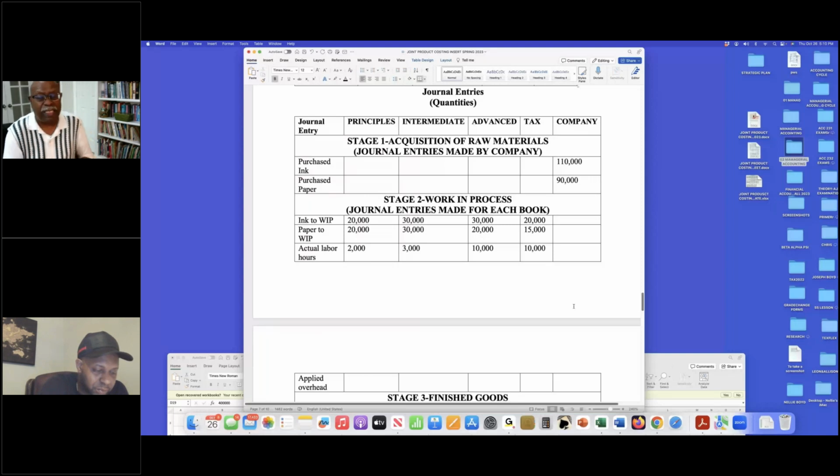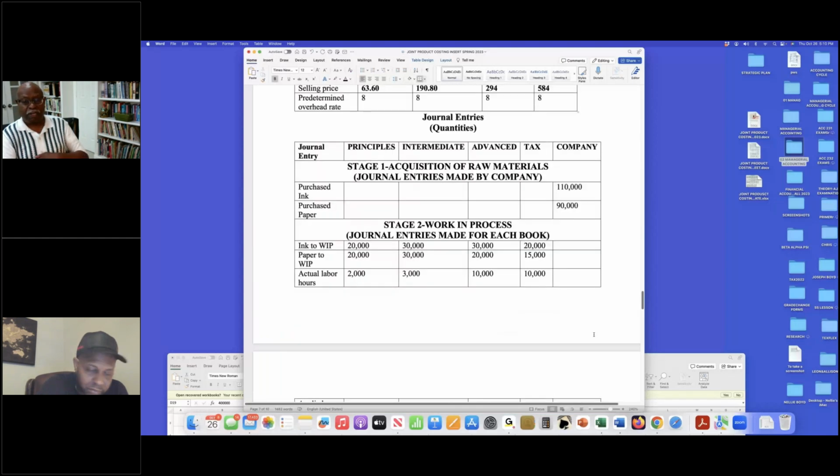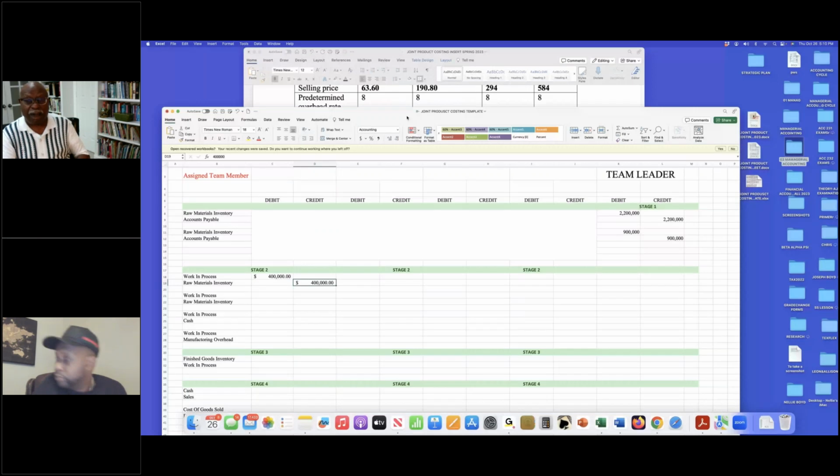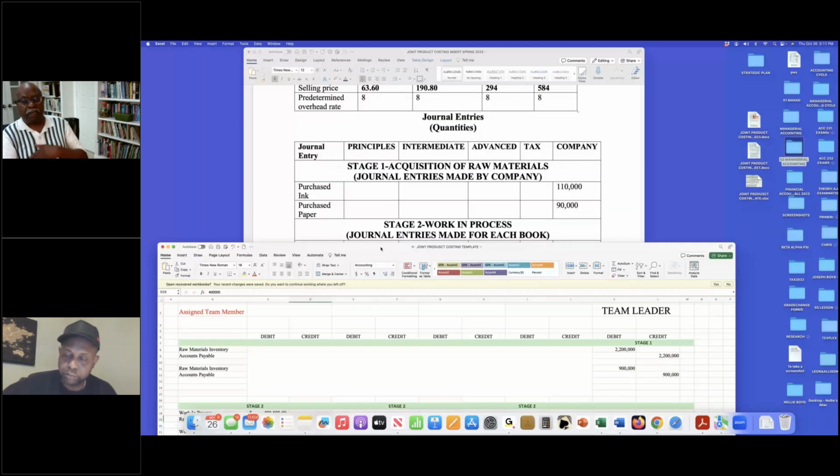Now let's look at the next thing we're going to do. Time to make some journal entries. What's going to happen is I'm going to be the team leader for the day, and I'm going to buy the ink and paper. If a company is making 4 books, 4 people don't go around buying the ink and paper.